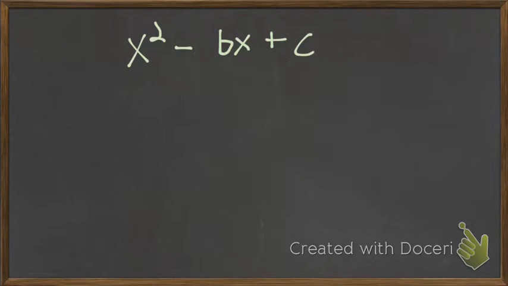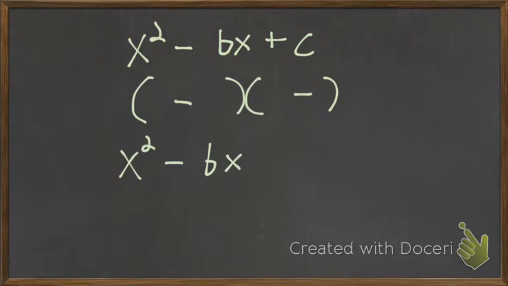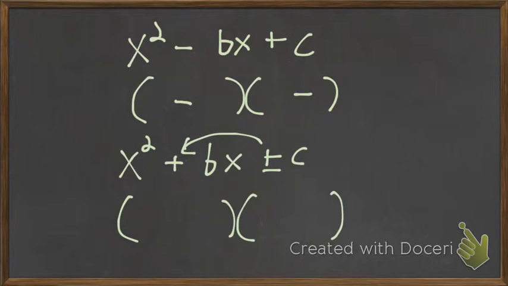If the second sign is a plus sign, they're both going to have that sign that came before. If it was x squared plus bx, the second sign is a plus sign, so I know I'm going to have the same as that, so it would be two pluses.